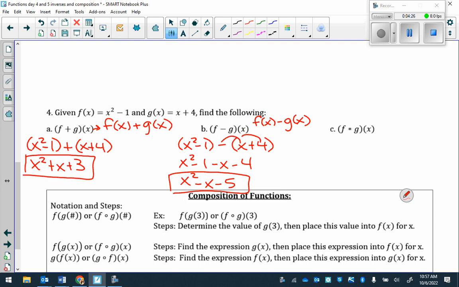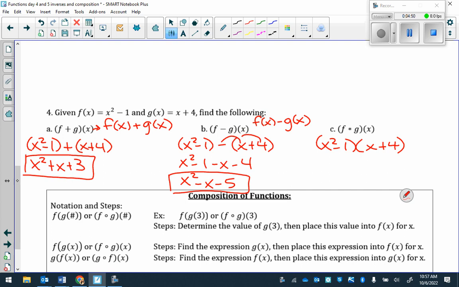Okay? So what's happening in C? What are you doing here? Julia? Good. We're multiplying f of x with g of x. So x squared minus 1 and x plus 4. So we have to distribute the x squared all the way through and -1 and then combine like terms.